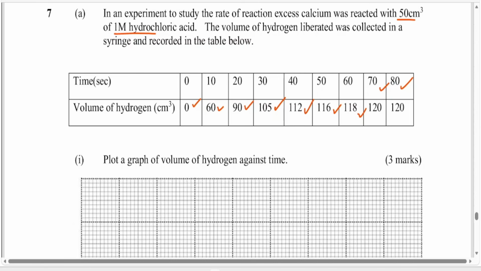So we can observe the table, and we notice that there was an increased rate of production of this gas between the 10th second and the 30th or the 40th or 50th second, but there was a gradual decrease in the rate between the 50th and the 60th, and then from 70 to 80 the amount produced remained constant.